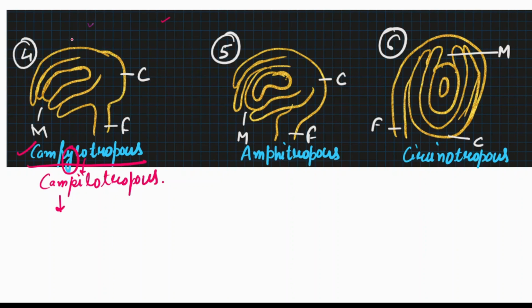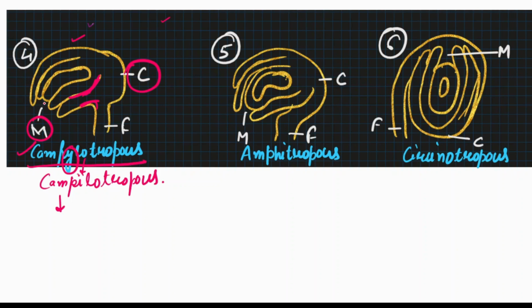The structure is somewhat similar to hemianatropous, in which a right angle is formed. But in this, the connection between the micropyle end and the chalazal end is broken.